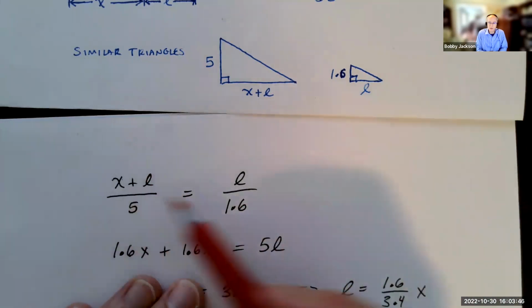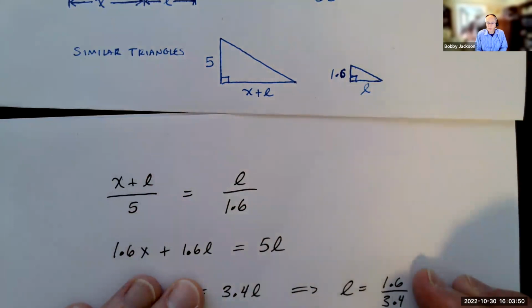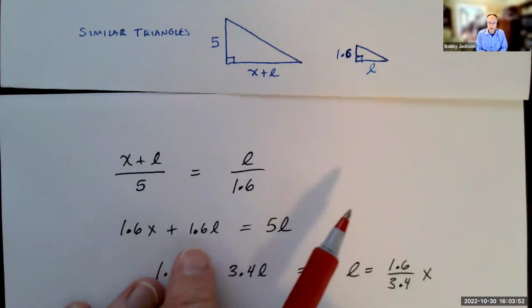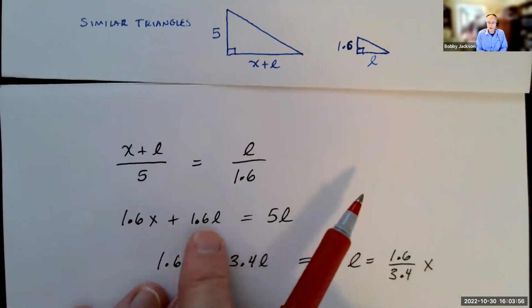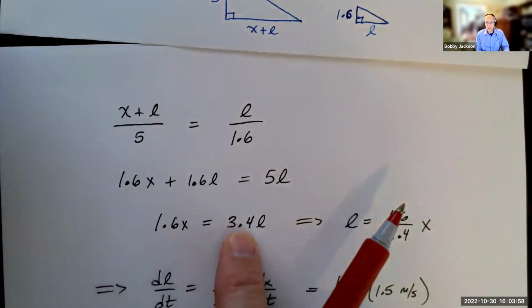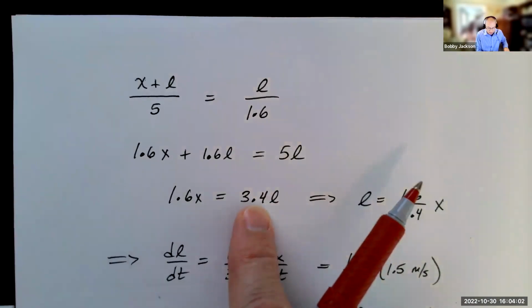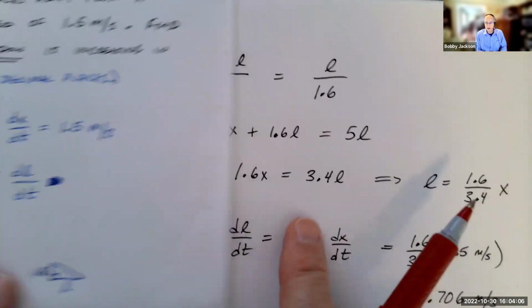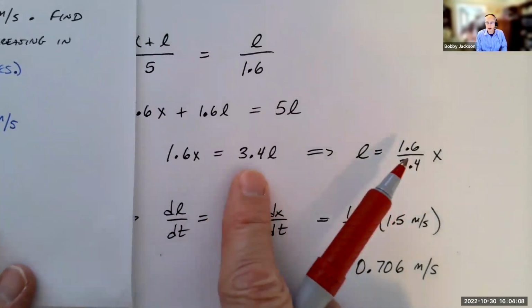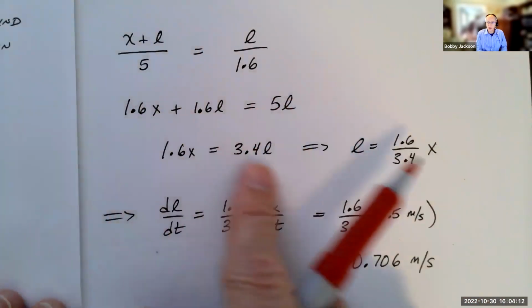It's the same as multiplying both sides by the least common denominator. And then I can subtract 1.6 L from both sides. 5L minus 1.6 L is 3.4 L. And then I can solve for L because remember I'm looking to find dL dt here. So I can solve for L by dividing by 3.4. So it does help in this case to simplify.